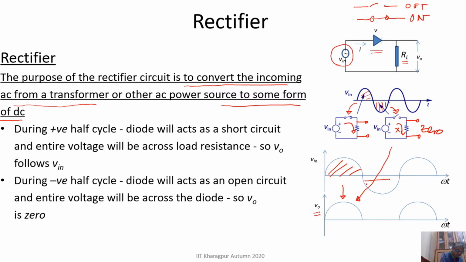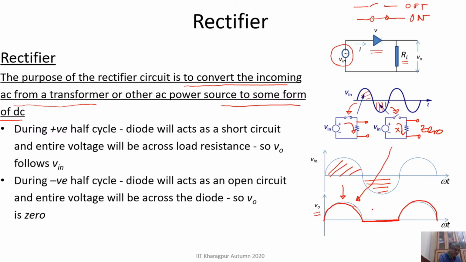What about the negative half cycle? There is no voltage across RL. When the diode is off there is no current flowing through the circuit, so Vout will be 0 volt.